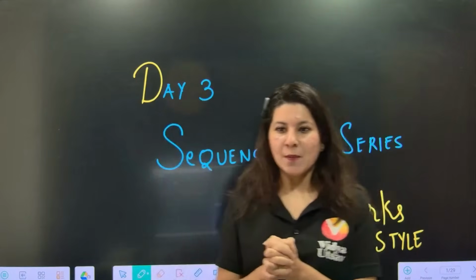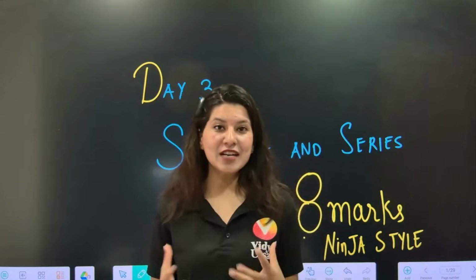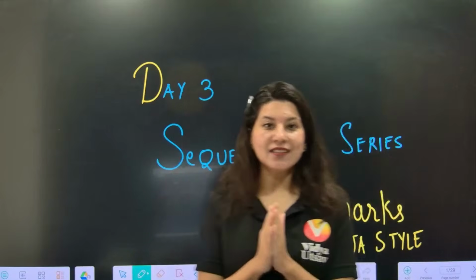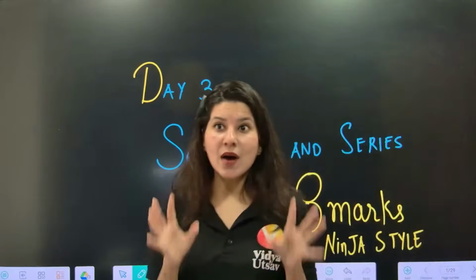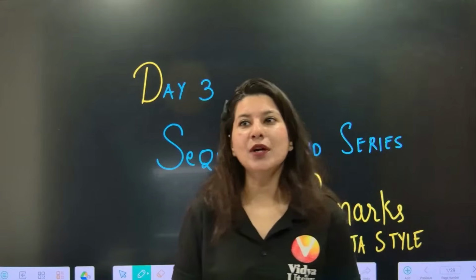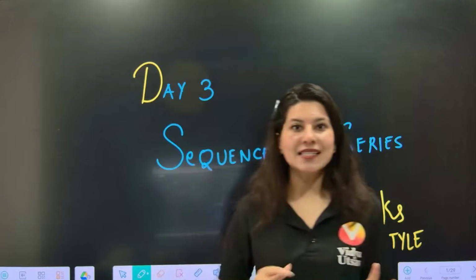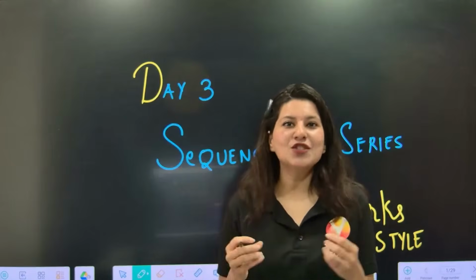Yes, perfecto. So today is day 3. On Sunday we are meeting, and on day 3 we are going to tackle sequence and series, 8 marks, a high weighted chapter, 8 marks straight in your pocket. And you know what? 8 marks in mathematics is such a gem, such a rare thing.